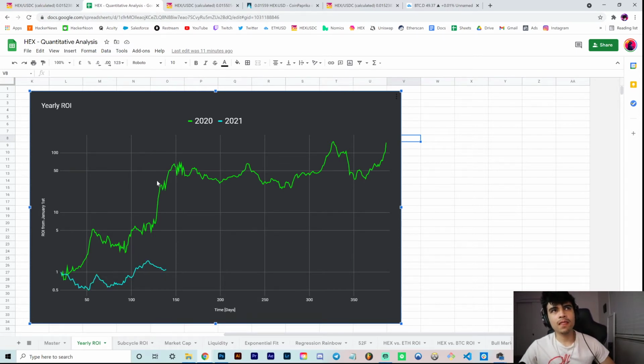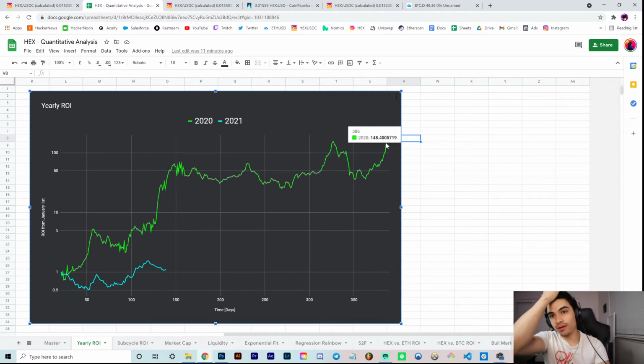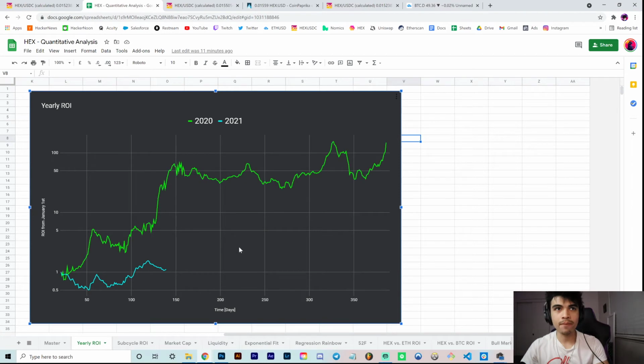So just zoom out and look at 2020. We had these local peaks of around 66x, 65x, 150x, 100x, and we ended the year at a pretty 148x, okay? And if you count the wick, it was even higher. And where are we now?